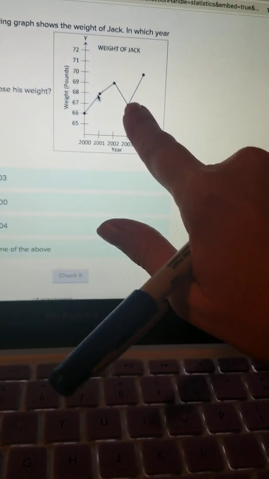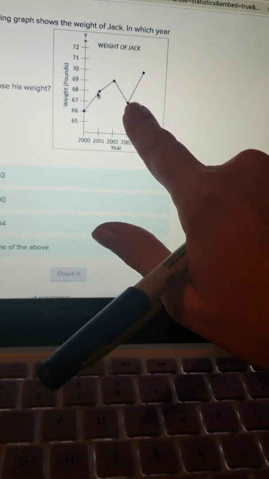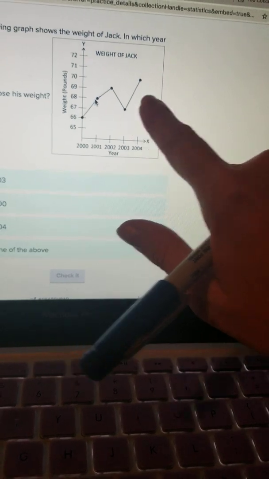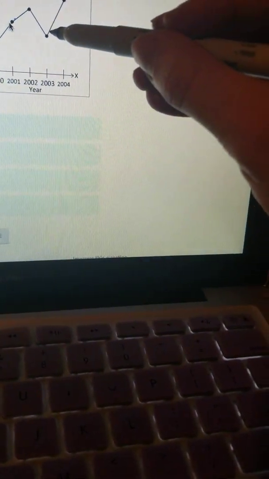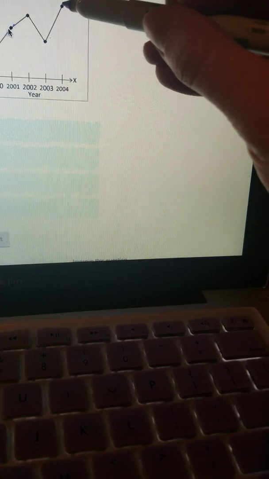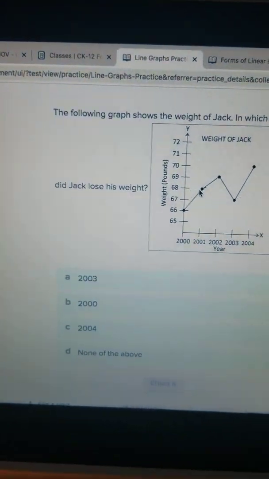But then he lost from 69 to 67, he lost 2 pounds, minus 2. And then he gained from 67 to 70, gained 3 pounds. So, did Jack lose his weight? No.